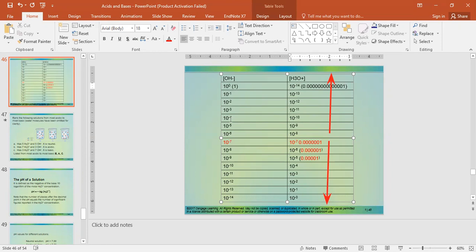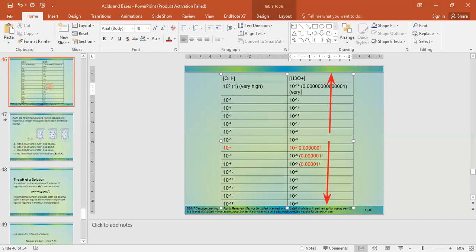So this is very high, and this is very low. Here, they are equal.